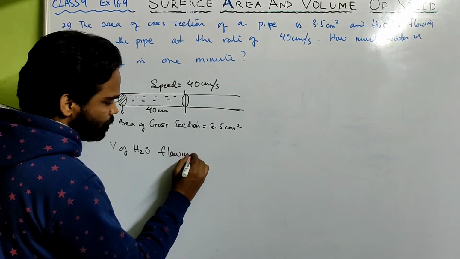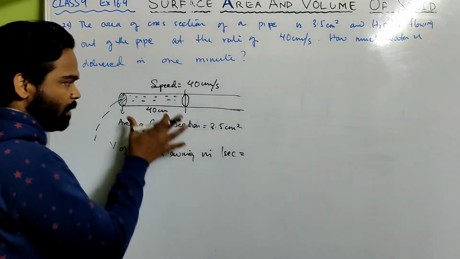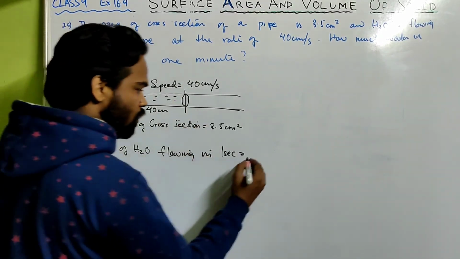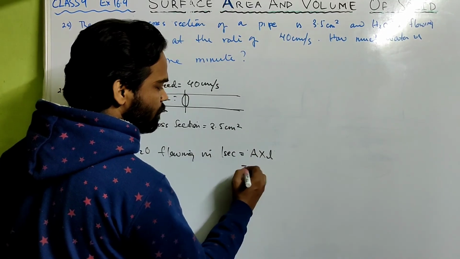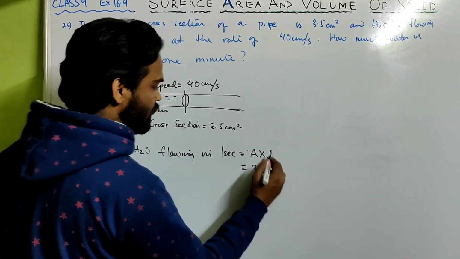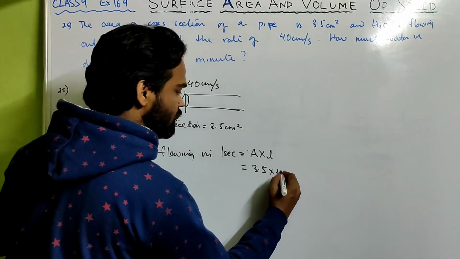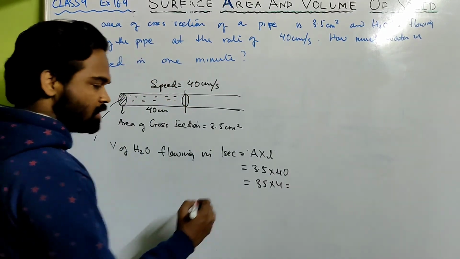flowing in 1 second is nothing but volume of this part, which is cross section area into the length, remember? So cross section area is 3.5 and the length is 40. So that's 35 into 4, isn't it?